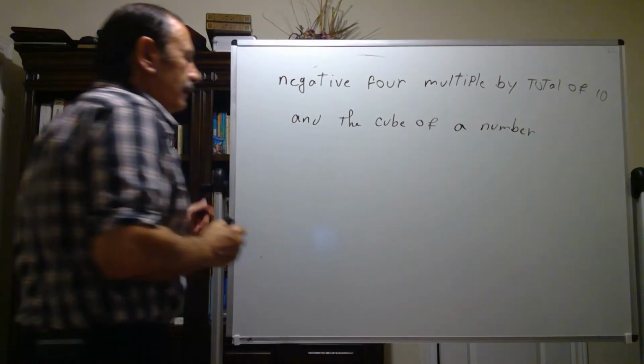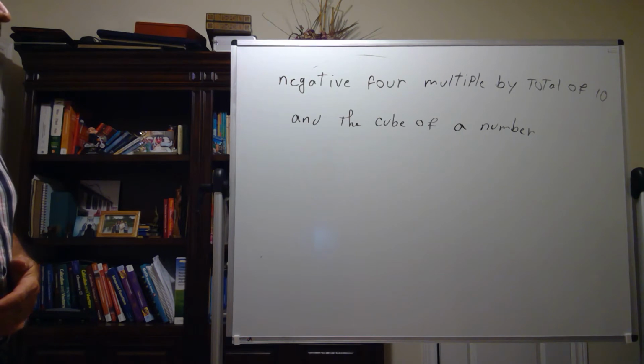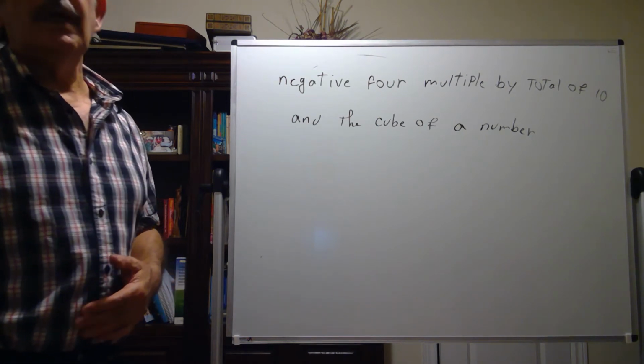Okay, let's translate this one. -4 multiplied by total of 10 and the cube of a number.